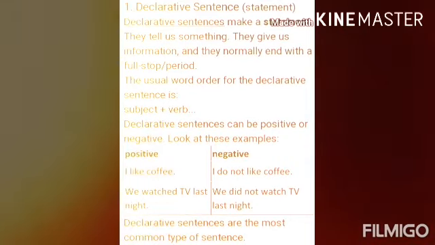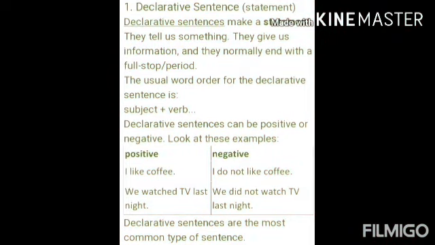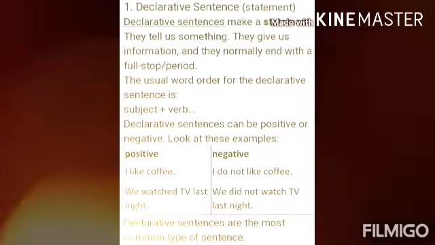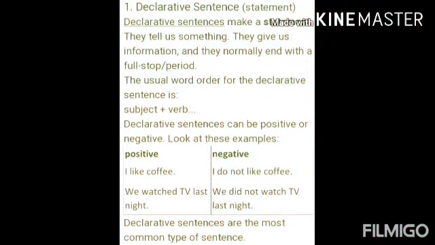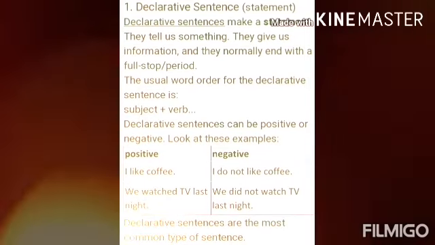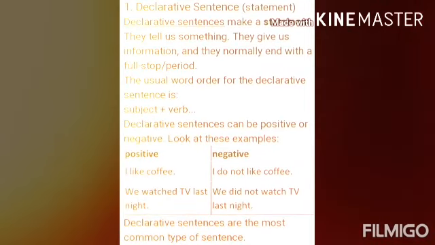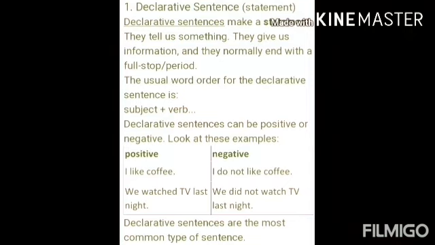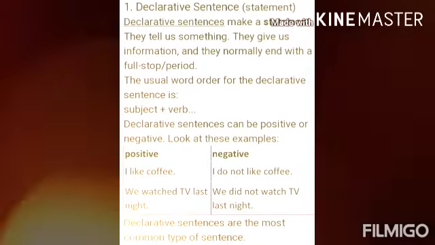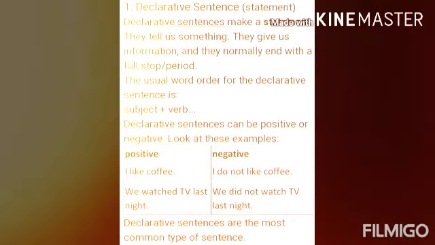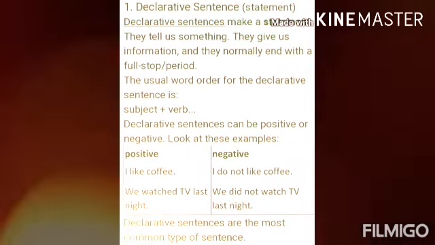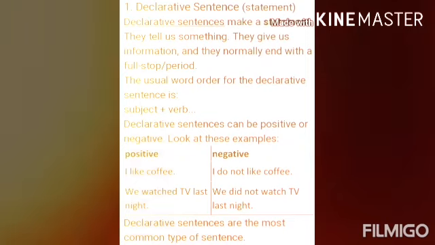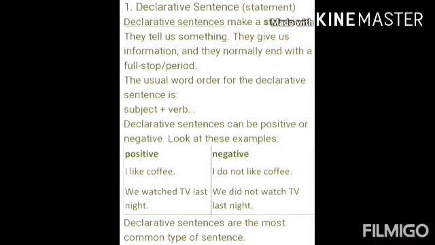They tell us something, make a statement, give us information, and they also end with a full stop. Here you are getting I like coffee. They give us information. They tell us something. Like what? Coffee. We watched TV last night.